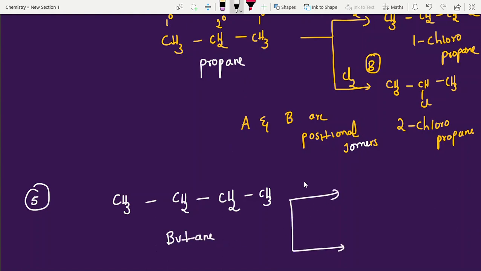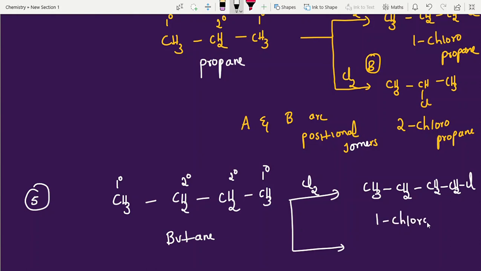On monochlorination, this is primary, this is secondary. CH3, CH2, either this side or this side you can replace, finally the name should be same. This is what we call chlorobutane.